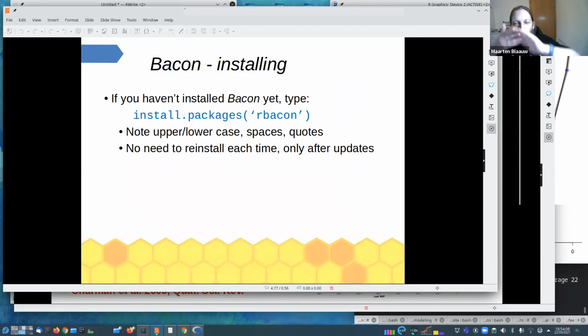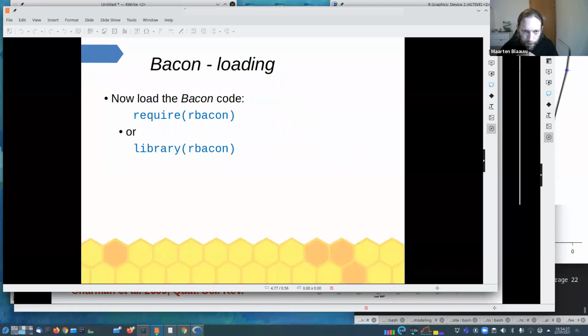All right, so if you haven't installed Bacon yet, it's called rbacon when it's in R, which I hope you've all done. And you only need to do that once, then it's installed on your computer. But sometimes if there are updates, you might want to run this command again. And once you've done that, then you can load the code using require rbacon or library rbacon, doesn't really matter.